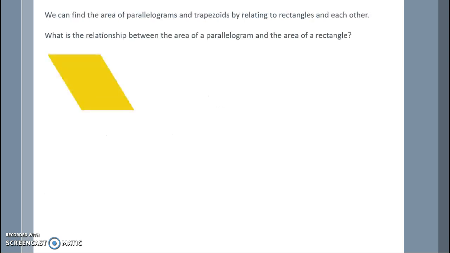What is the relationship? We can find the area of a parallelogram and trapezoid by relating to rectangles and each other. What is the relationship between the area of a parallelogram and the area of a rectangle? Notice I cut down the middle here, like so.